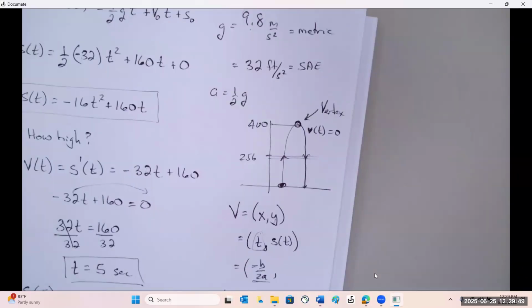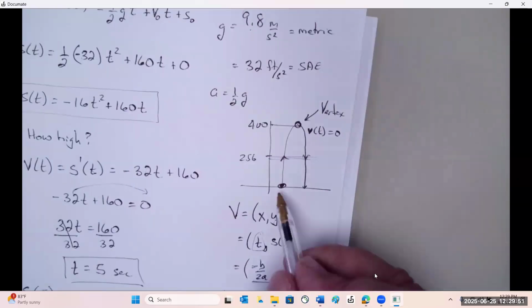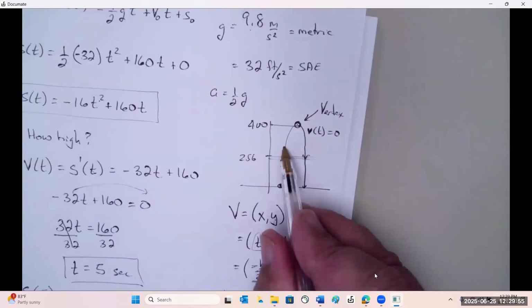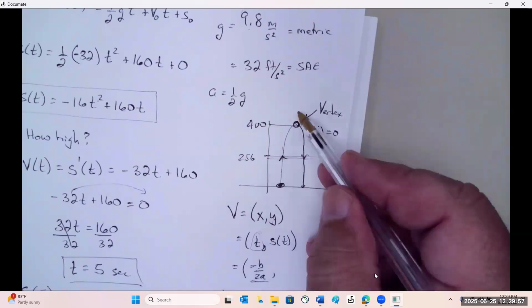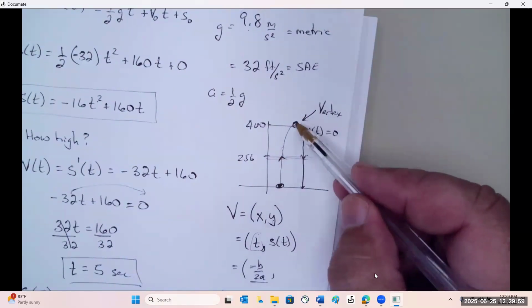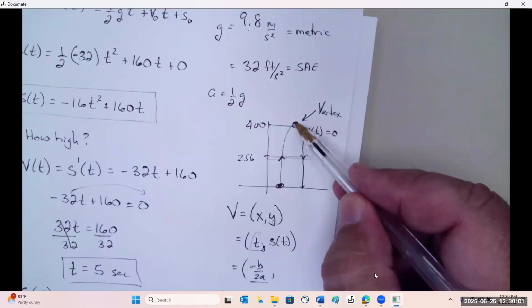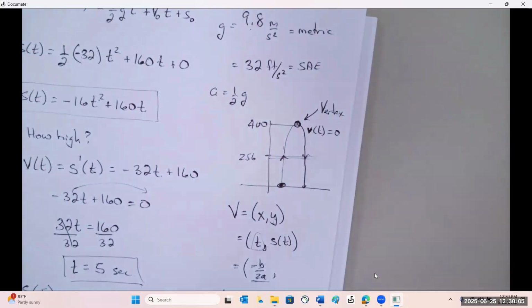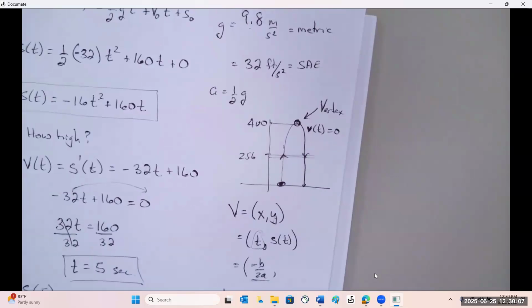And are the velocities going to be the same? No, because this one started off at 160 feet per second and is shot straight up, so it's slowly decreasing speed. This one starts from a free fall and drops. So it's 2 different actions on it, so we may have 2 different velocities.